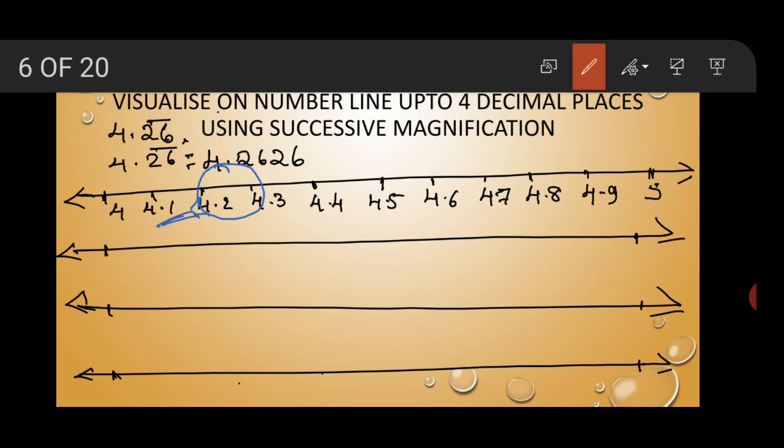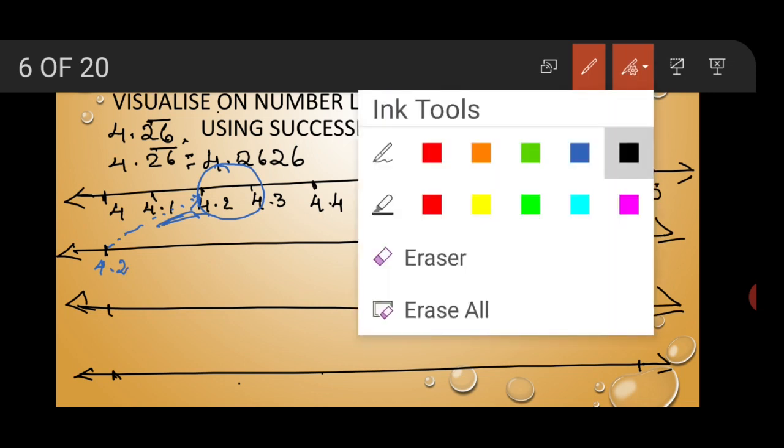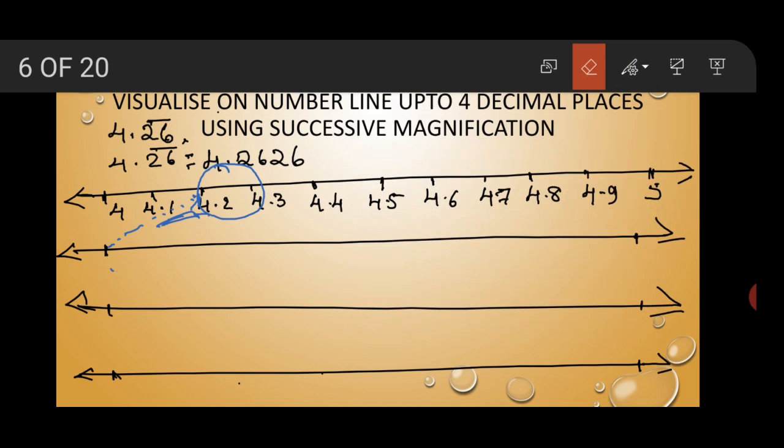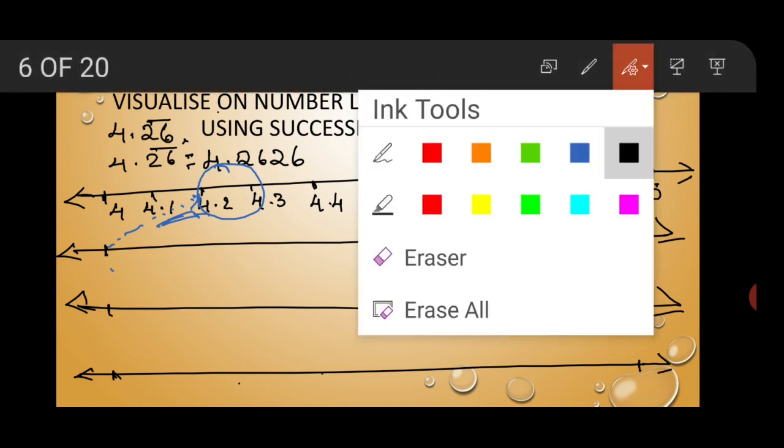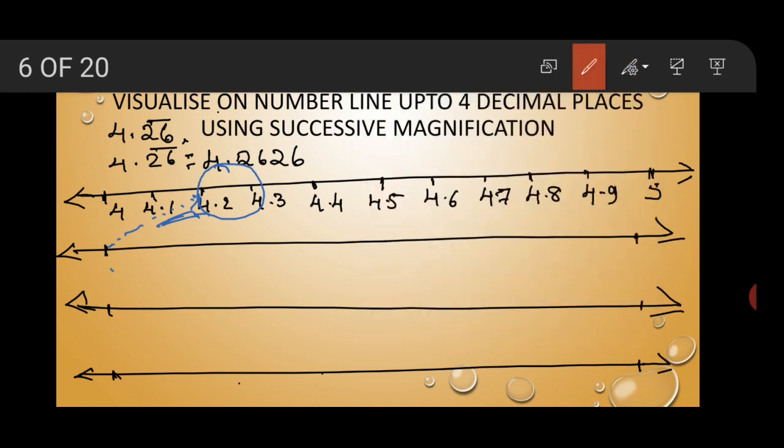Okay. This is the magnifying lens. Therefore, this is what? This point is 4.2. Note down, this is 4.2. And what is this?